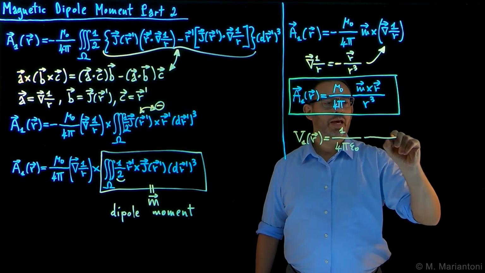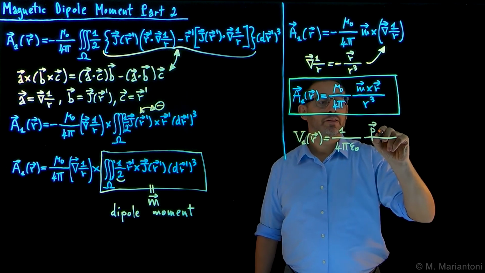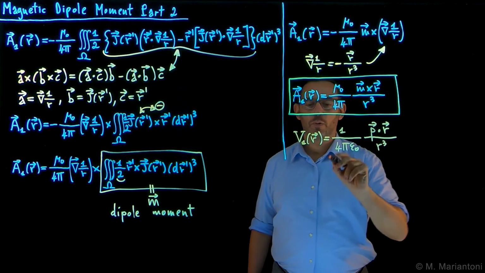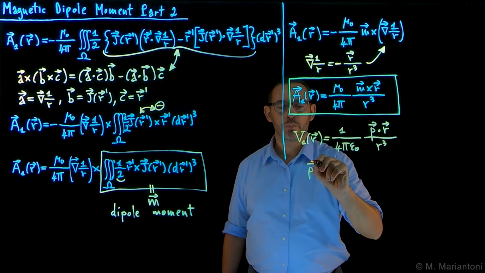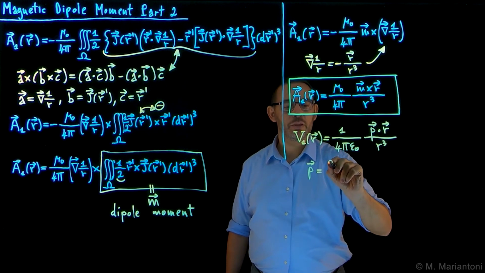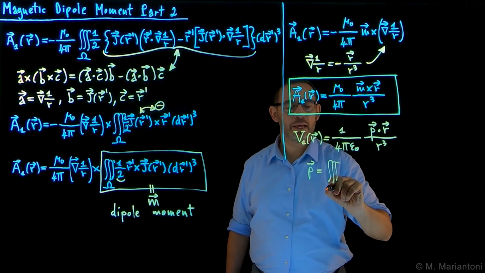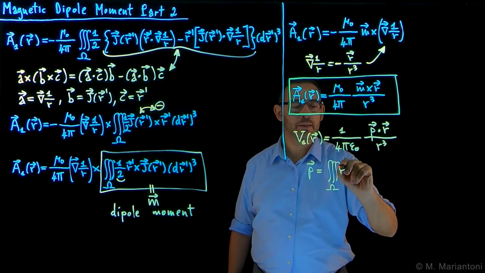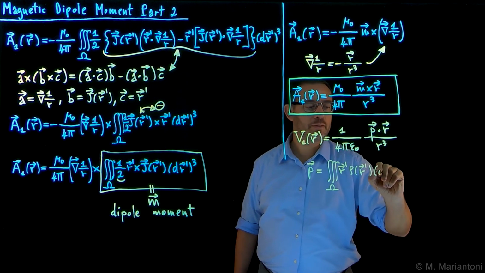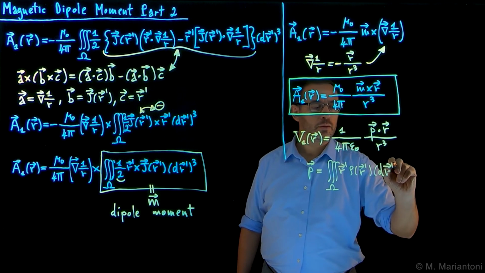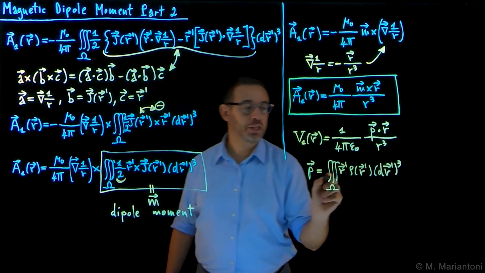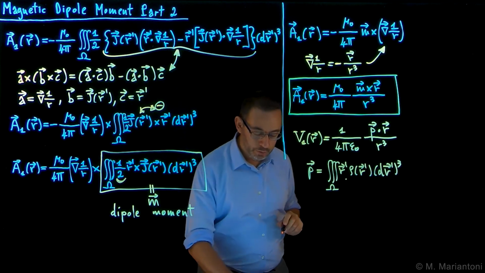Instead of m, we have p, dotted instead of cross, R divided by R cube, where in this case, p, instead of being defined in this fashion here, is defined as the volume integral, the weighted average of the charge density. To be noted, the difference in this factor of half, which here is not present.